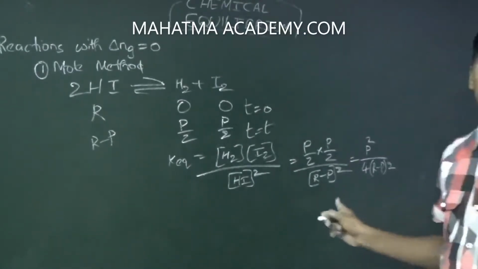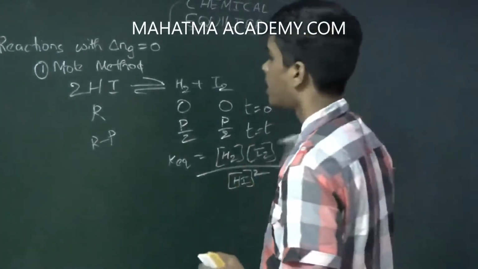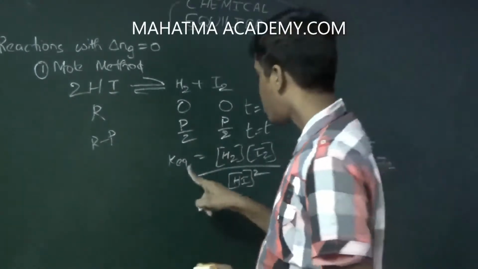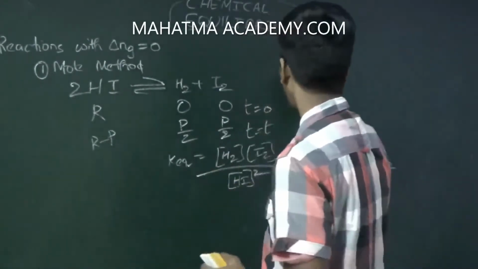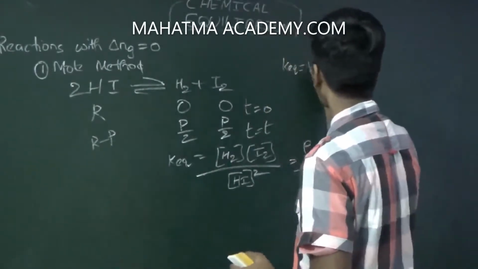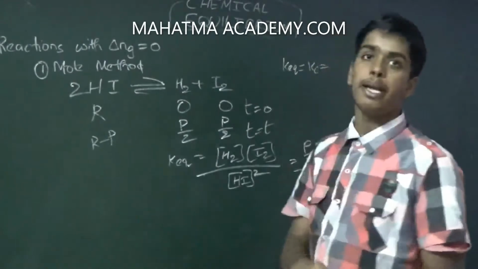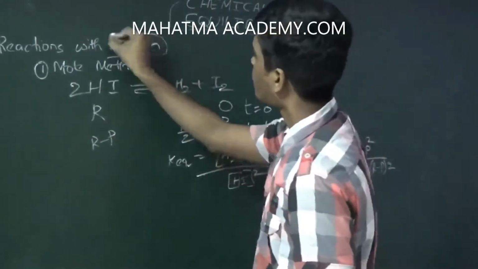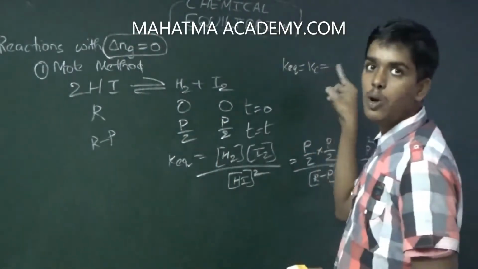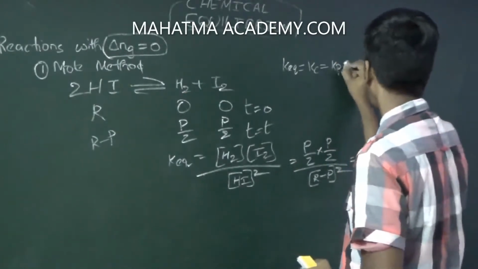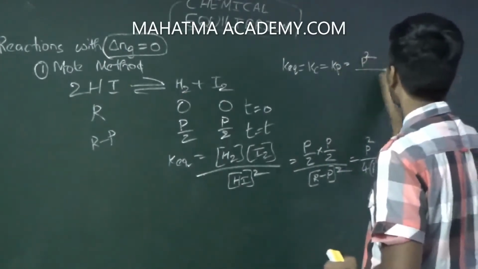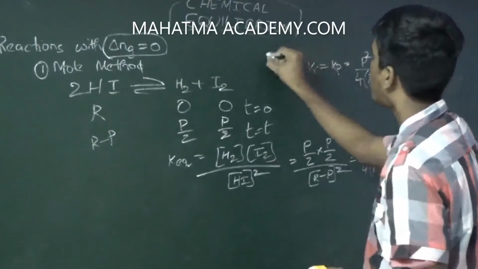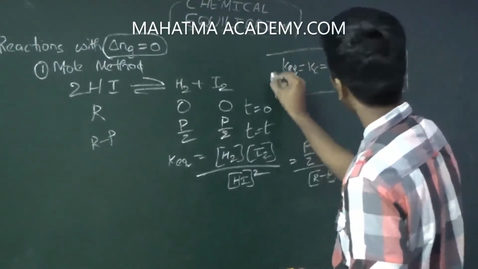Okay students, now we are happy. Now Kc is equal to Kp because delta n_g is equal to 0 here. So Kc is equal to Kp is equal to P square divided by 4 into R minus P whole square.